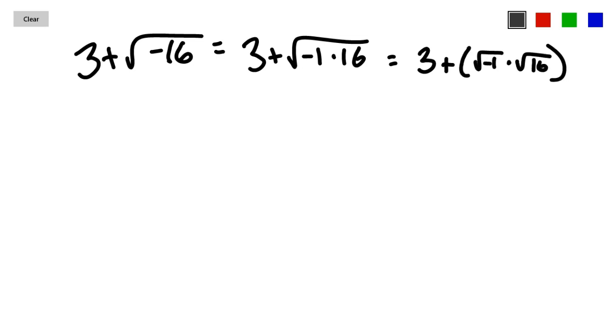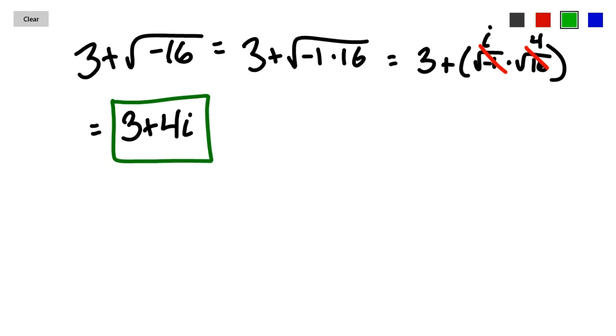I know that the square root of -1 is i, and the square root of 16 is the number 4. So what I'm left with is 3 plus 4 times i. And that's it. This is how I convert something from the real domain that would not fit into a complex number that does fit.